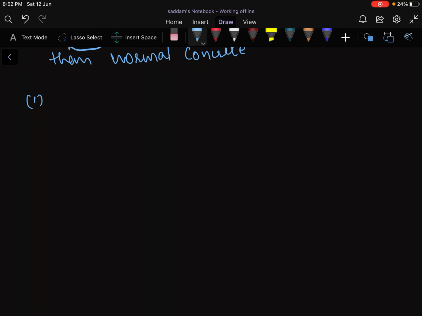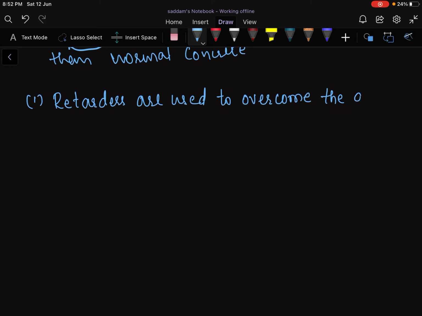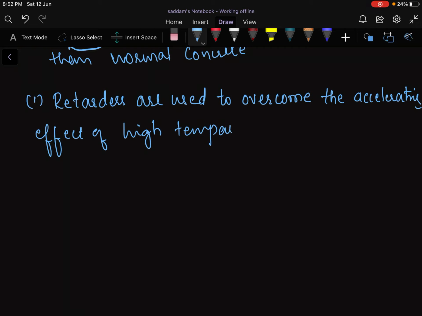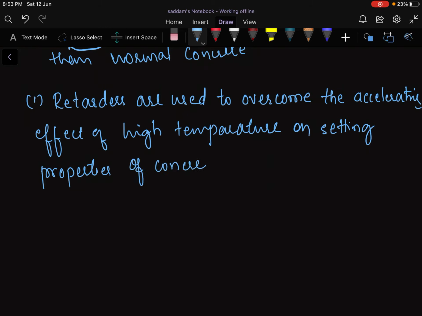So the first advantage of retarders is that they are used to overcome the accelerating effect of high temperature on the setting properties of concrete in hot weather concreting.